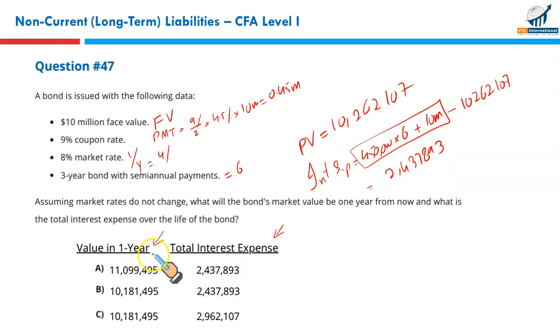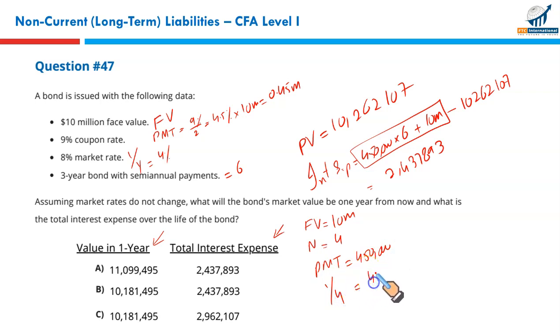Now we have to calculate the carrying value of the bond at the end of year 1. Now things are going to change a bit. Face value is 10 million. Number of periods, 2 are gone in the first year, 2 biannual periods. N is going to be 4, remaining 2 years. Payment still stays the same, $450,000.